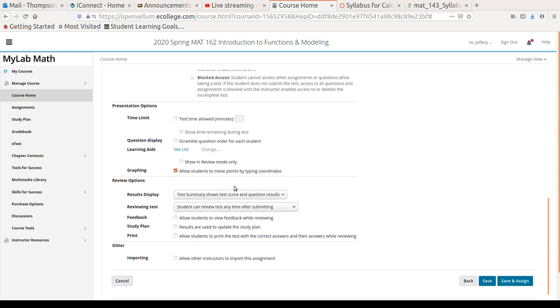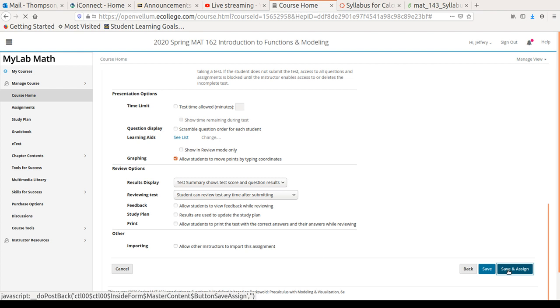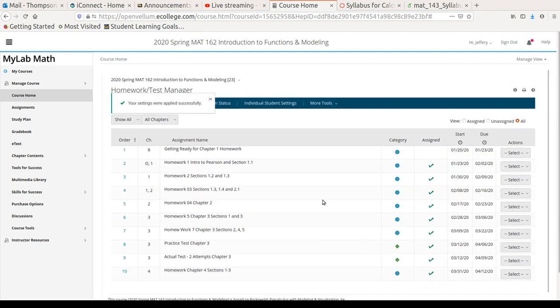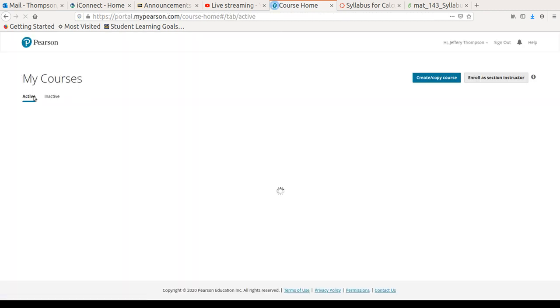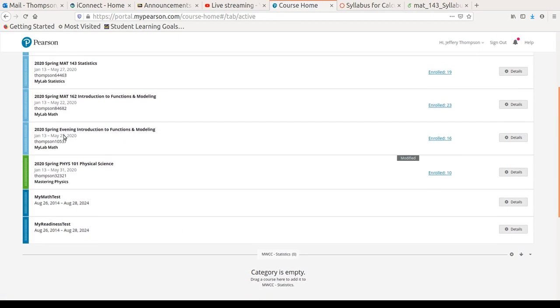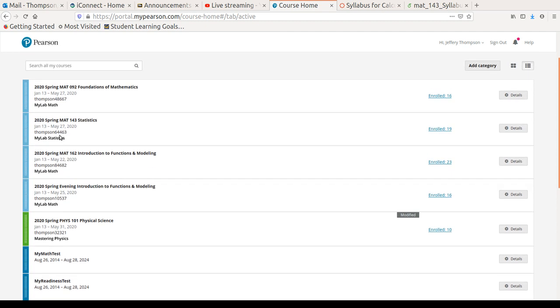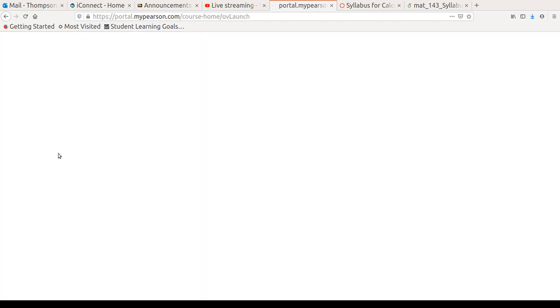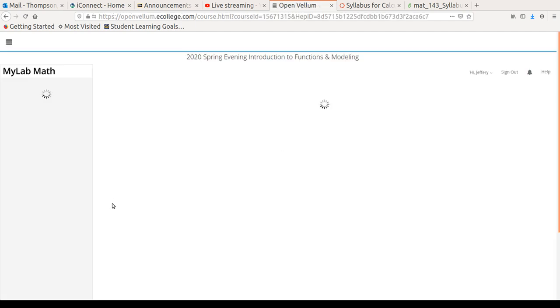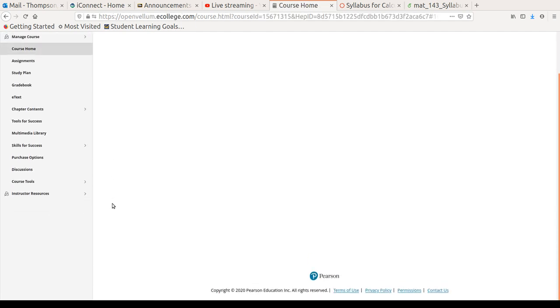And this is just because Pearson has been having some issues. And I have to do that in both courses. But that's what I wanted to talk about: Pearson has been booting some people out. They've had extremely large server load, and so they've been having to add more servers.